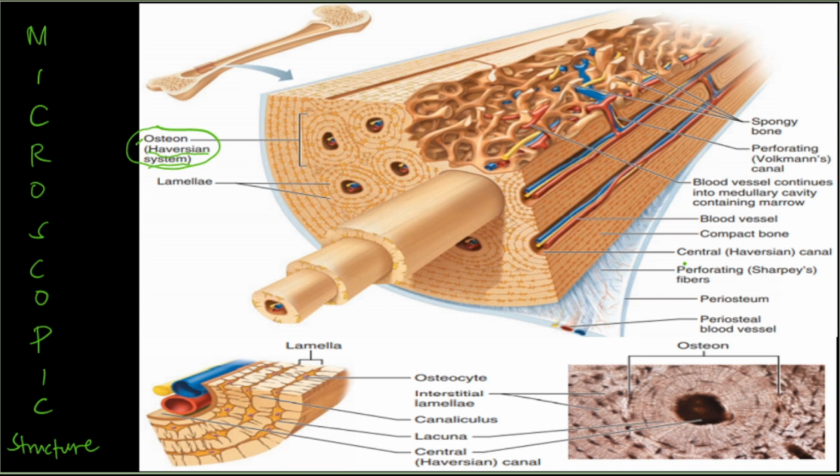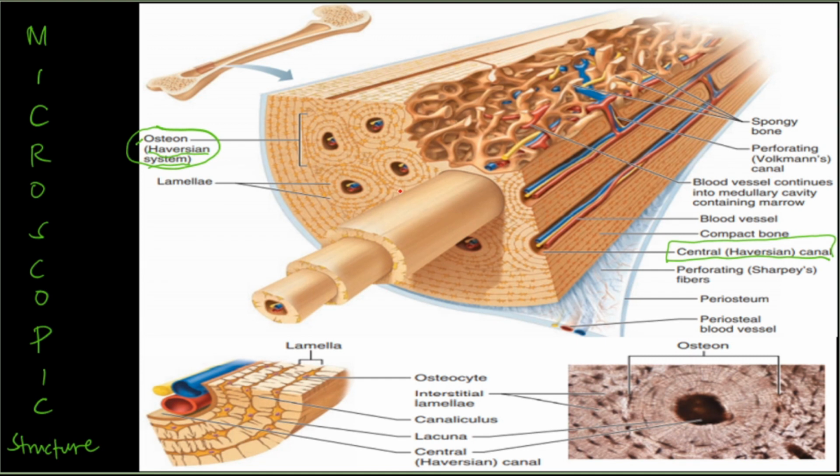Where can we locate this part? This is your central or haversian canal. Your osteon is also made up of lamellae. These lamellae are concentric layers of hard matrix that surround the haversian canal.